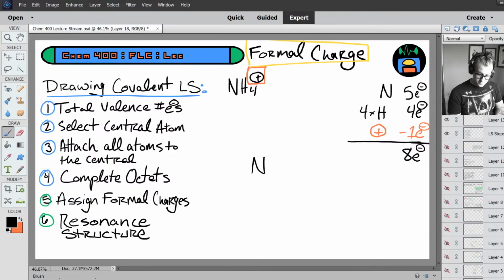Now let's attach. We've totaled our valence electrons. Nitrogen can make more bonds than hydrogen. That's our central atom. Let's attach all of our hydrogens to our central atom. We need to make 4 bonds. This will cost 2, 4, 6, 8.